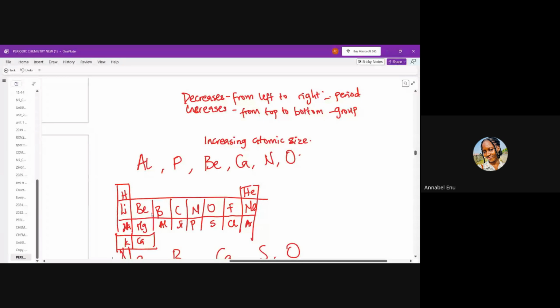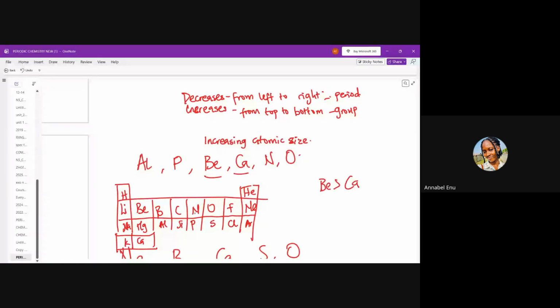So across this period, where do we find aluminium? We find aluminium here, then we see where phosphorus is, then where beryllium is, and then calcium. Between beryllium and calcium, both of them are in the same group, but we agree that calcium will have a greater size than beryllium.